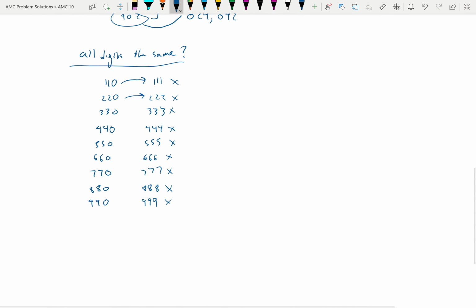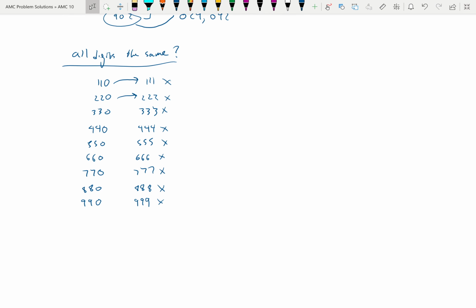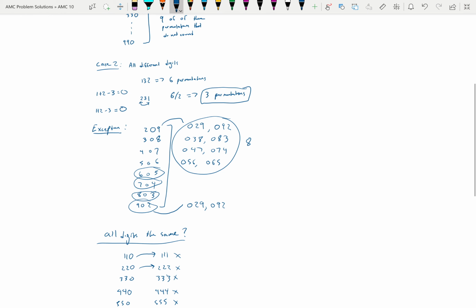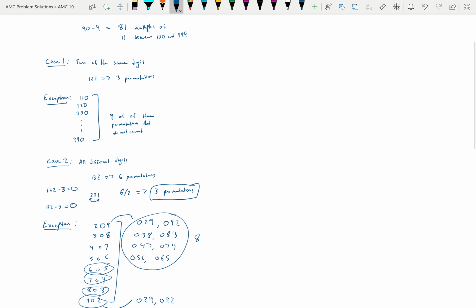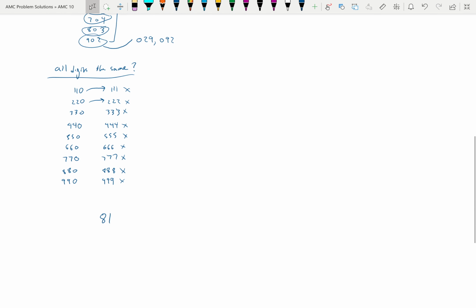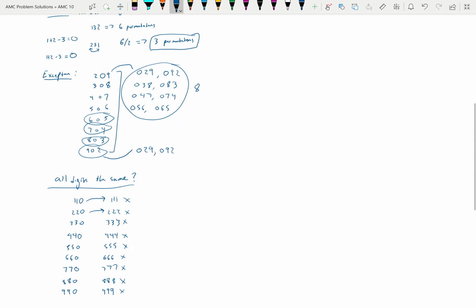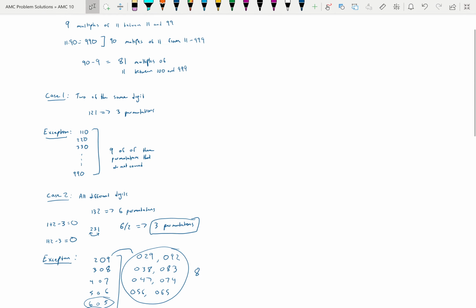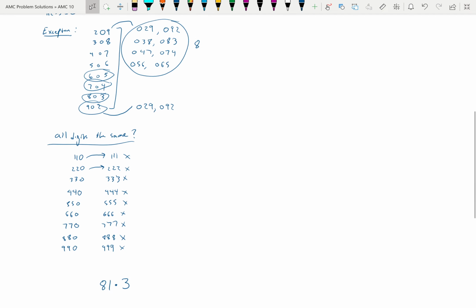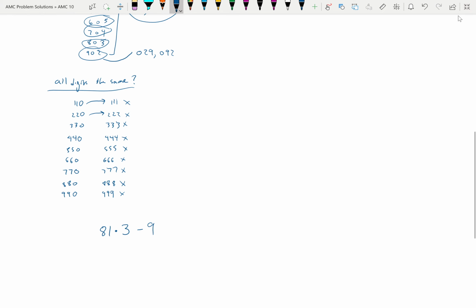So now we can sum it all up. We have 81 multiples of 11, and we found that it's 3 permutations for each case. So all 81 multiples of 11, we're going to multiply by 3. And then we're going to subtract the 9 permutations that we found in the exception for case 1. So minus 9.